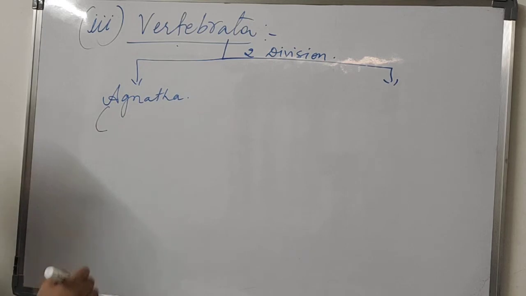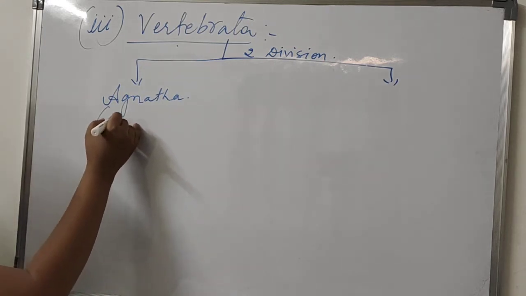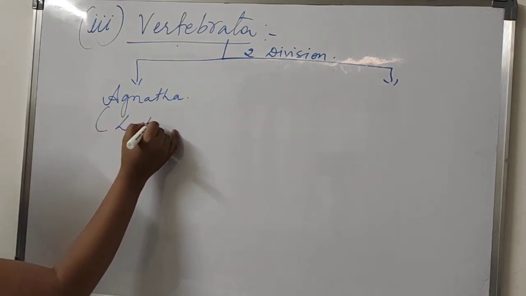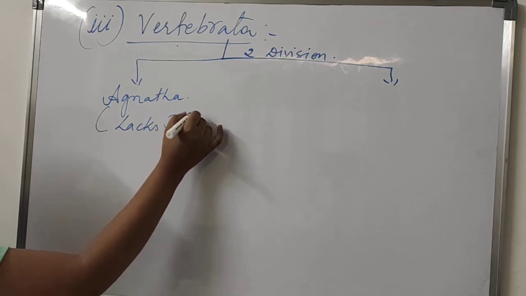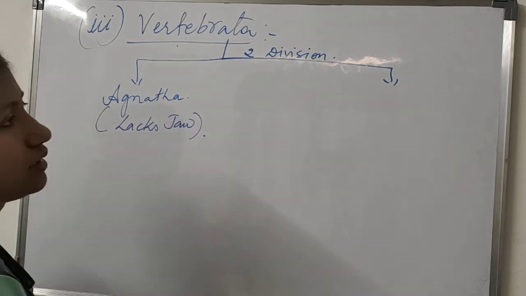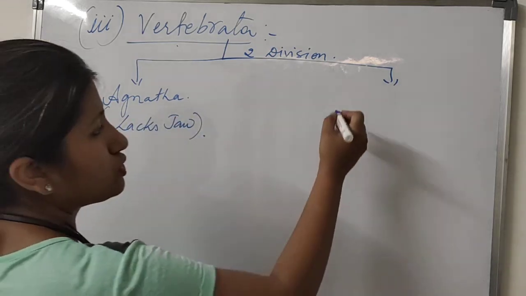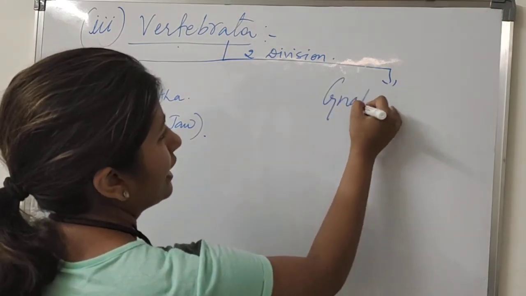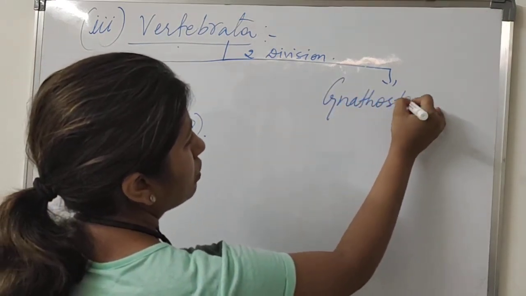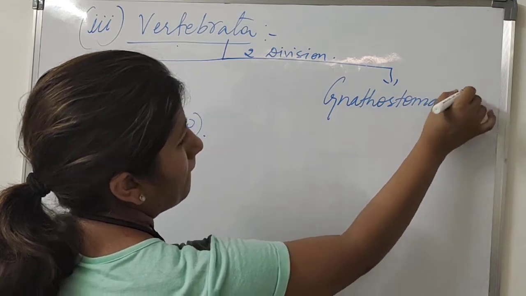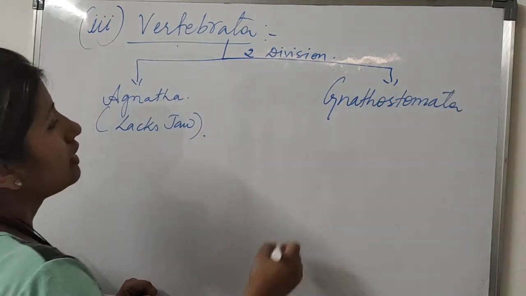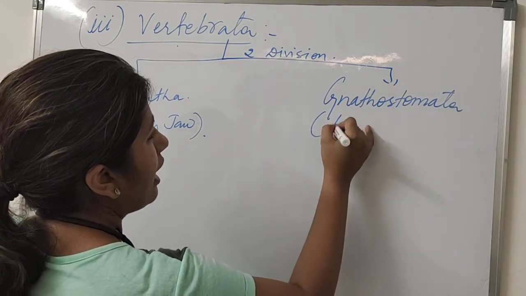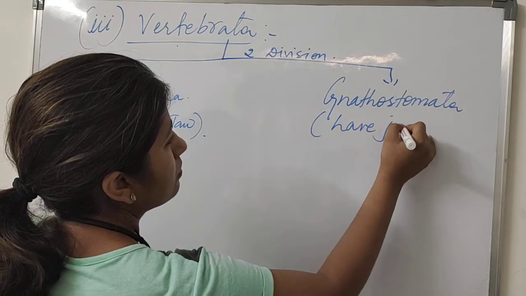Agnatha are those vertebrates who lack jaws. They don't have jaws. Okay, and then we have Gnathostomata. Okay, Gnathostomata, they have jaws.